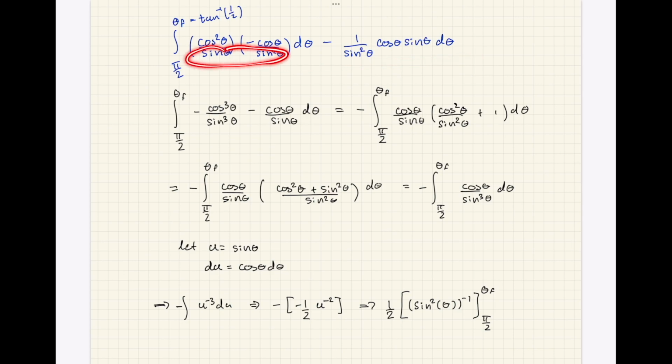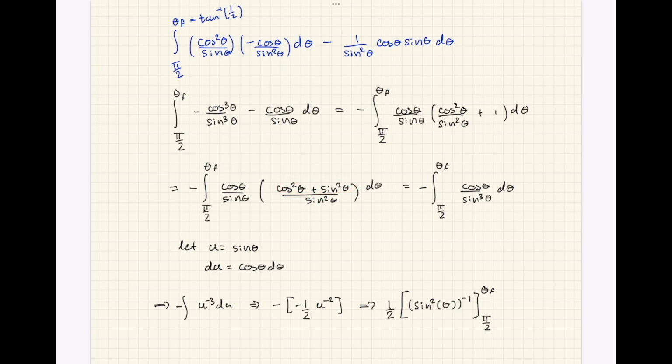The sines here combine to get sine cubed, and the cosines combine to get cosine cubed. This sine cancels with one of these sines here, so I get cosine minus cosine over sine d theta. So I get minus cosine over sine d theta. I can pull out the negative. I would like to combine these two terms, so I turn this 1 into sine squared over sine squared, which is just equal to 1.